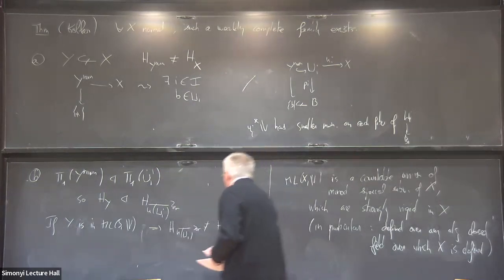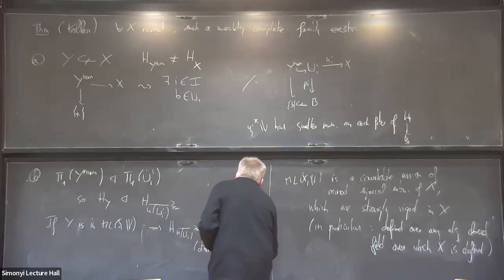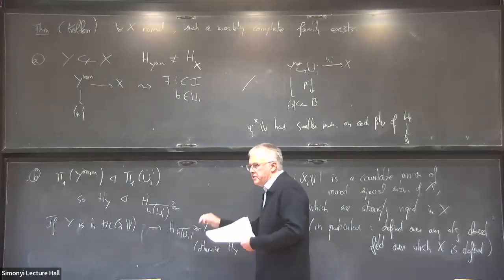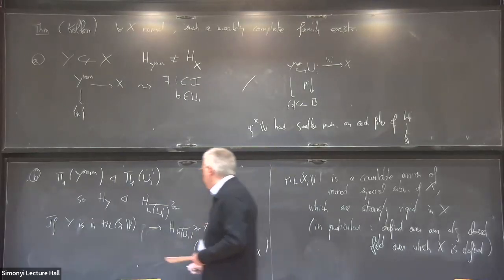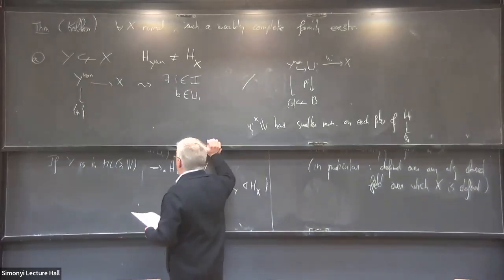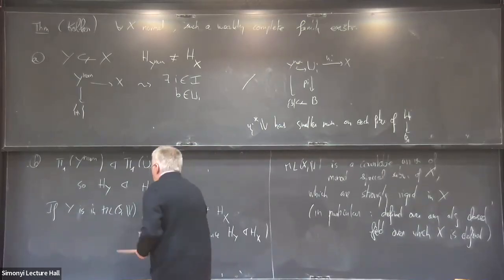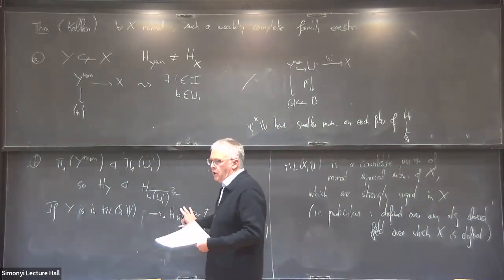This is the first thing, otherwise H_Y would be normal in H_X. This is excluded. And the second thing that you get for free is that, well, this means that the monodromy drops here too.